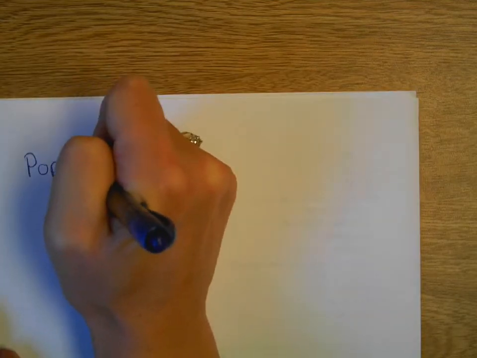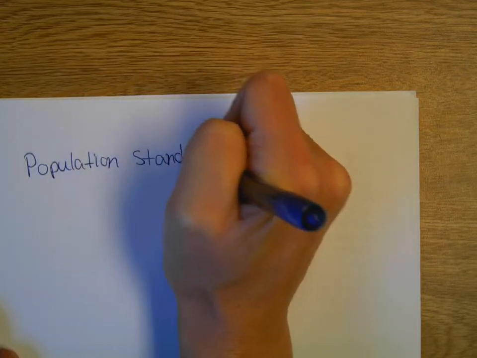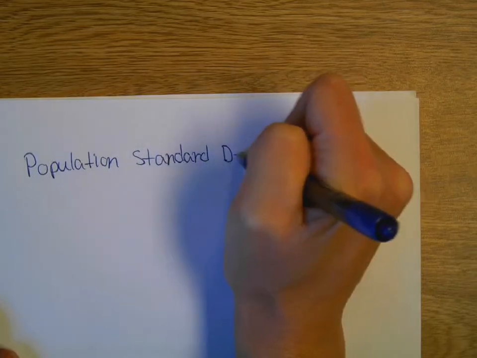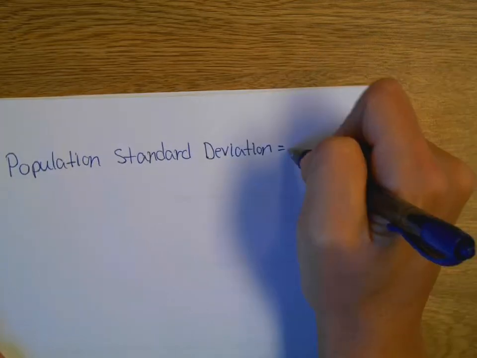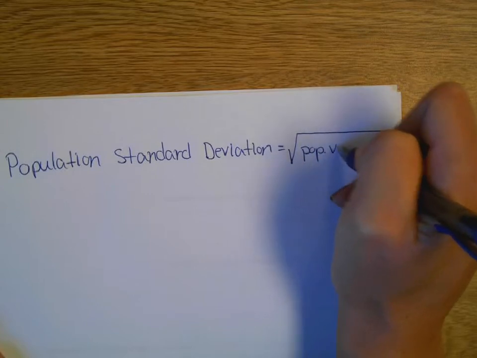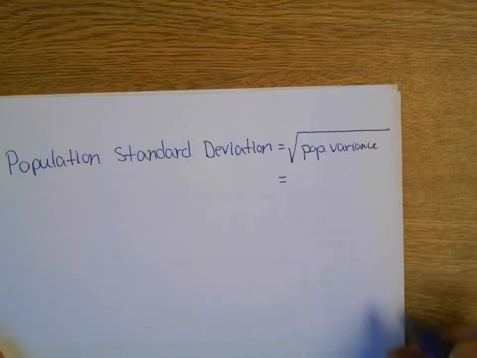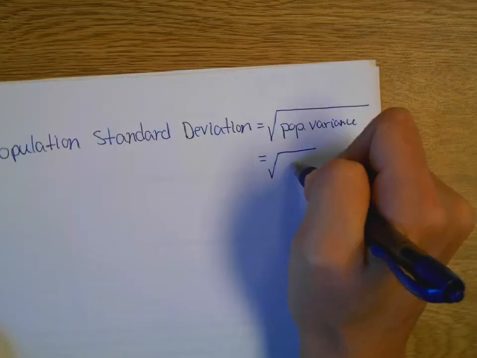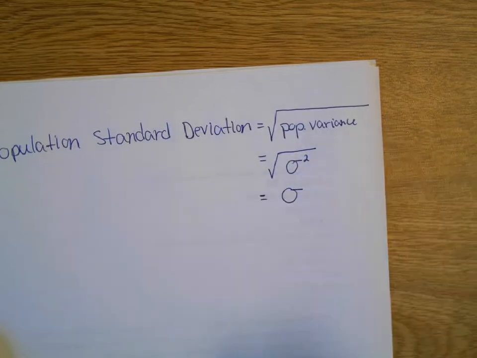So population standard deviation is just the square root of population variance, so its symbol is going to be the square root of sigma squared, which is going to give us sigma.